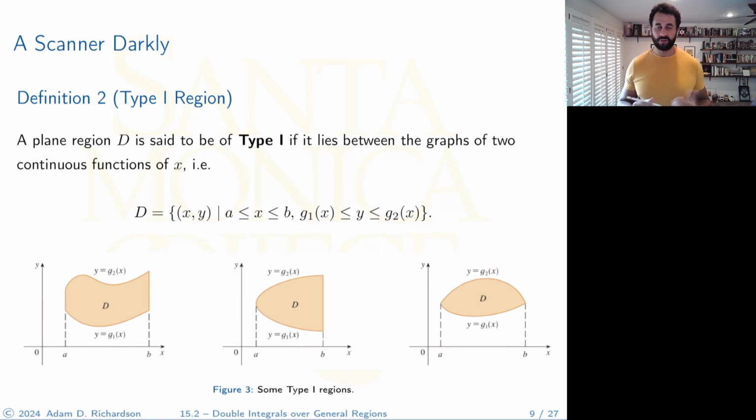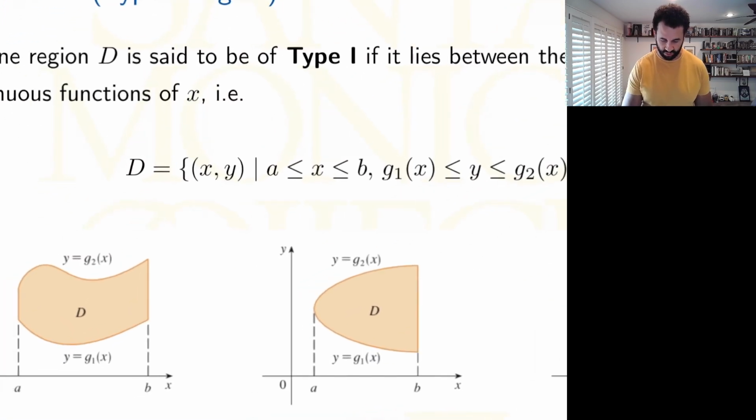In other words, your region is essentially rectangular in one dimension and not rectangular in the other. It's a region that's defined like this: y goes between two functions of x, and x goes between two numbers. Let me zoom in on this for just a moment here.